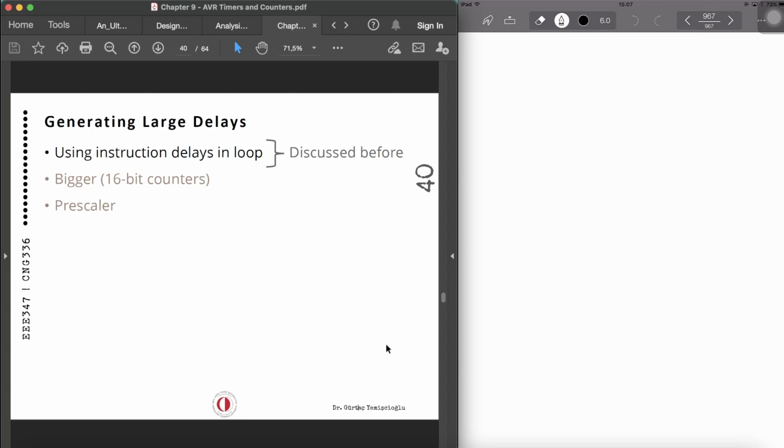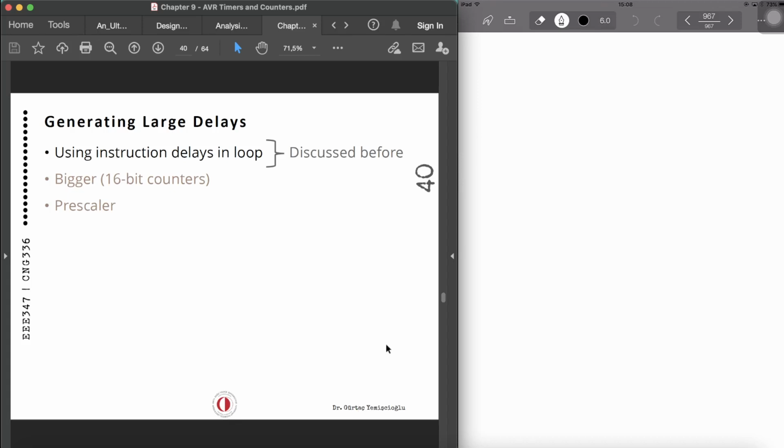That's possible. Or we can use bigger timer counters, like 16-bit timer counters, or we can use prescalers. As we have already seen the delays in loops with instructions, I'm going to talk about 16-bit counters and also the prescalers now.